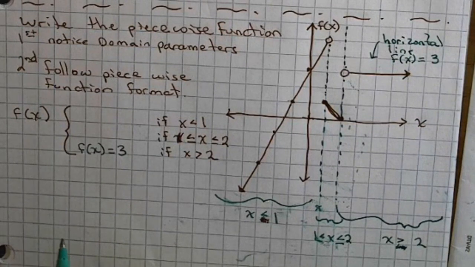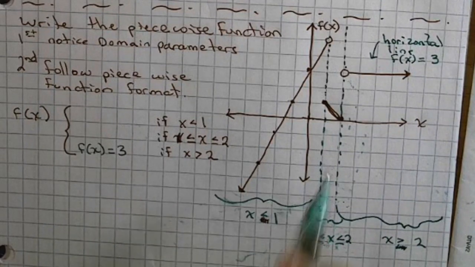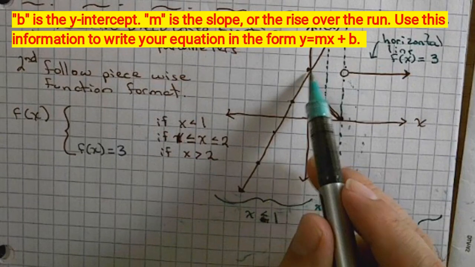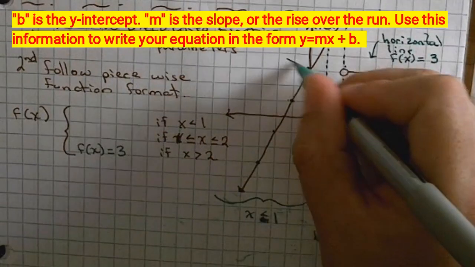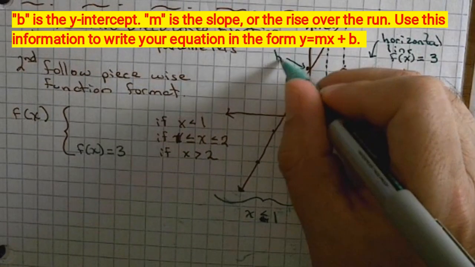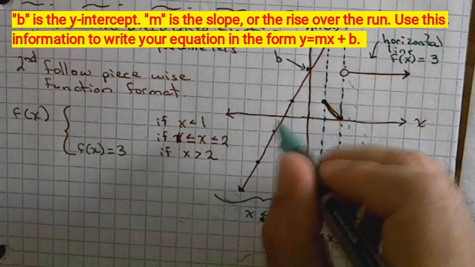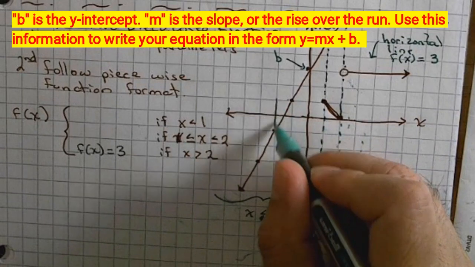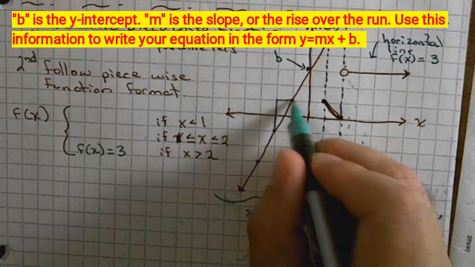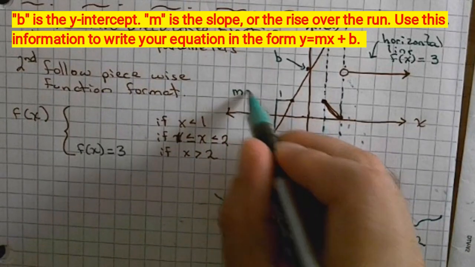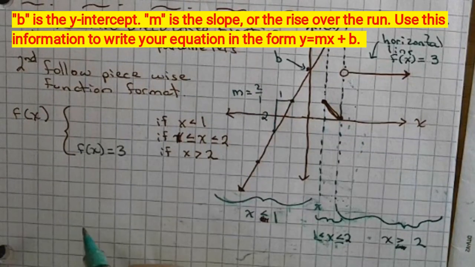For the next one, the next easiest one is probably the one on top. Why? Because I have a y-intercept. That's my b. I have a slope, a rate of change, which is 2 up and 1 to the right. That's my slope, 2 over 1, or just 2.